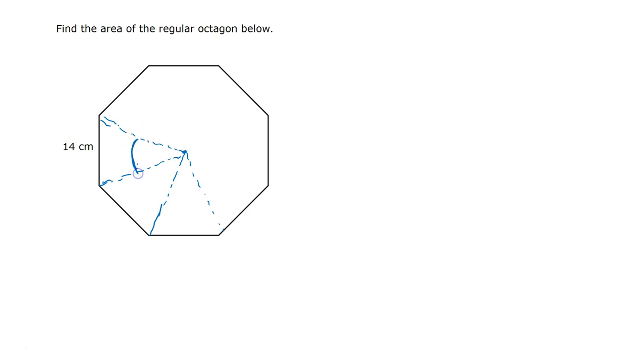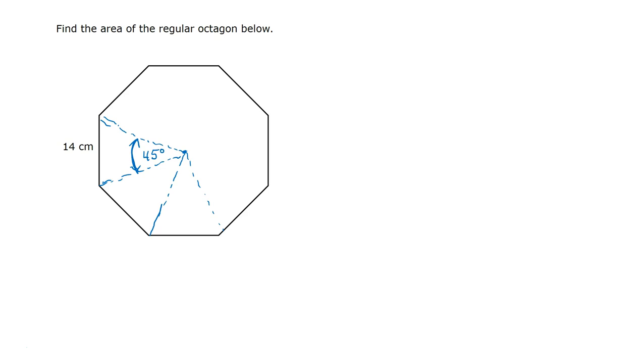This angle right here, this central angle, is going to be 45 degrees. Because if I would form all of these triangles in here, I would have 8 of these central triangles that share equally 360-degree turns. So 45 degrees for that angle there.